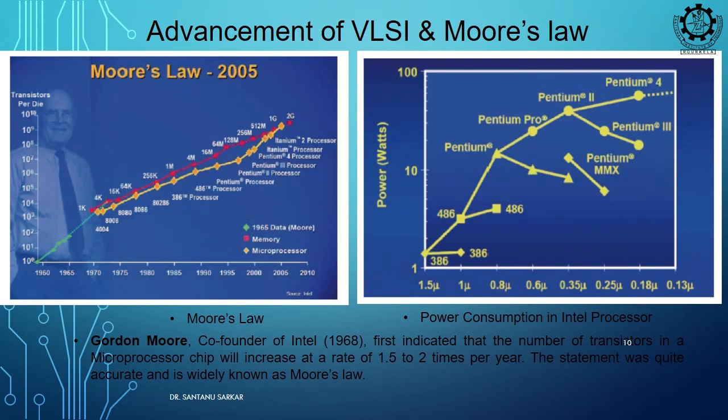Gordon Moore predicted this, and even now it is getting saturated, but for a long time it was so accurate that it became like a law and we use this. He was a co-founder of Intel and he indicated for the first time that the number of transistors in a microprocessor chip will increase at a rate of roughly 2 times per year.